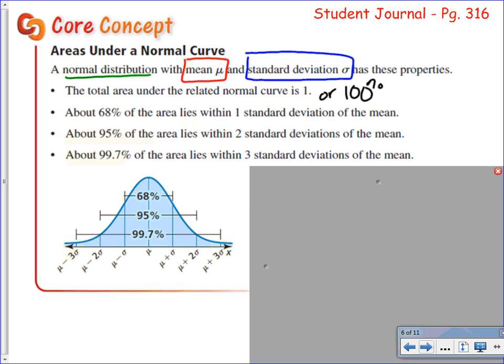So within 1 standard deviation, you have your mean in the middle, and then do you see mean plus standard deviation, mean minus standard deviation, or mu plus sigma, mu minus sigma? Okay. So this is all within 1 standard deviation, and they're showing you that within the 1 standard deviation, you have 68% of your data.